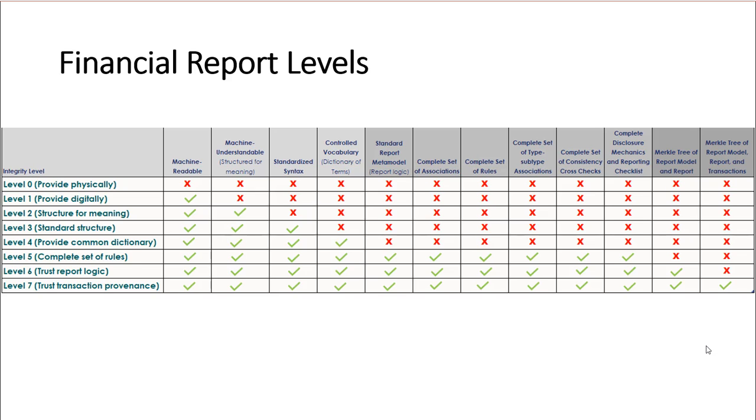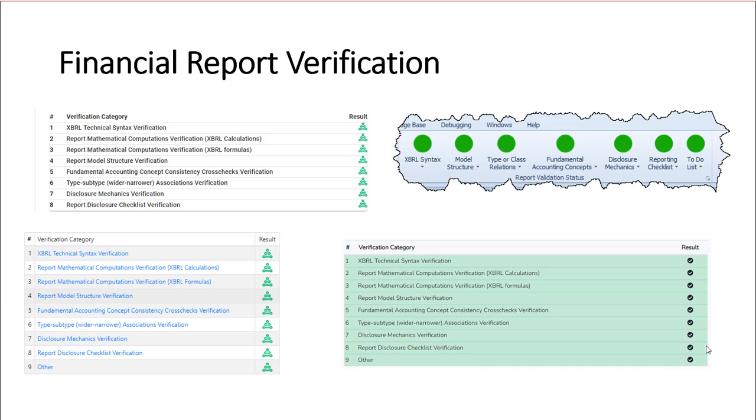But if you understand these, then you understand where you want to be in this spectrum of report levels, and you can basically create software that keeps the reports at a quality level that you need to make your reporting system work.